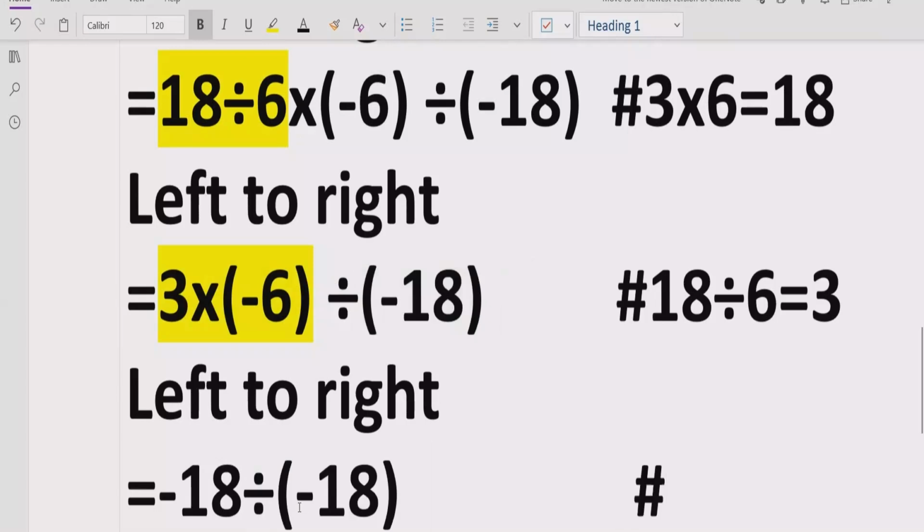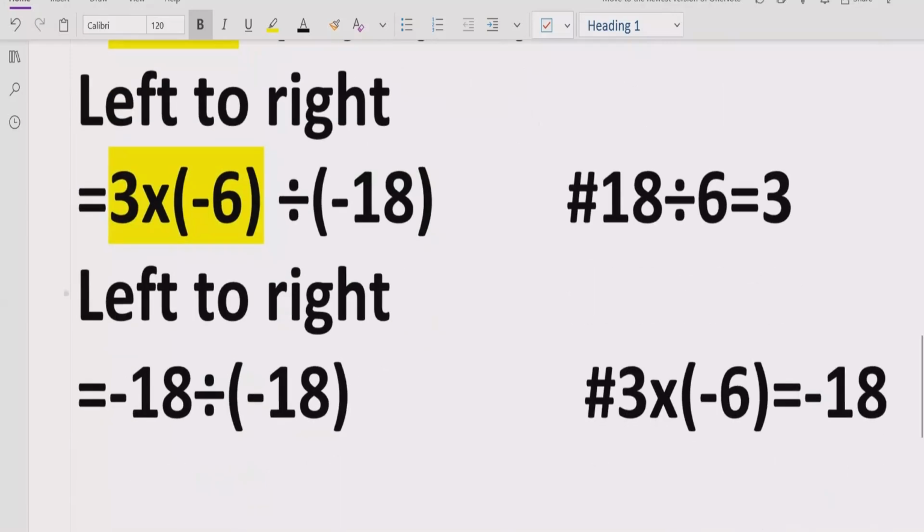And here we have to give the reference: 3 multiplied by minus 6 becomes minus 18. Okay, now move forward. We have two terms which are basically divided. So we have to divide these two terms, 18 ones are 18.